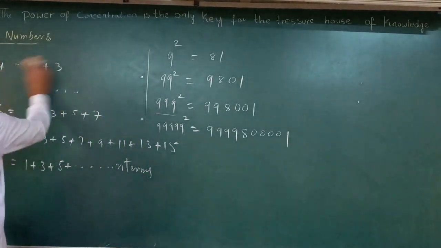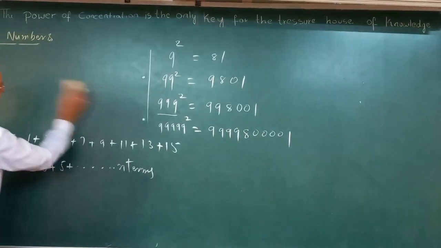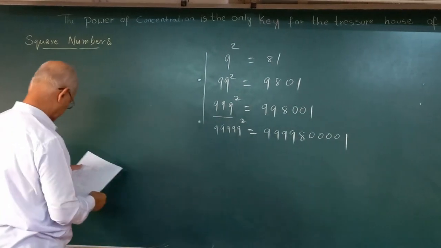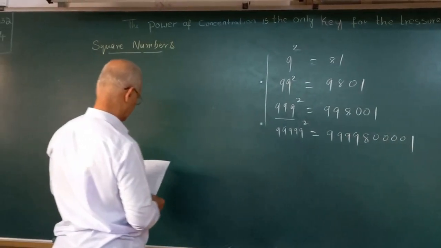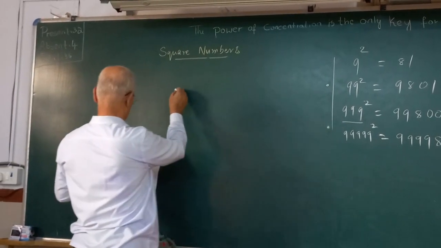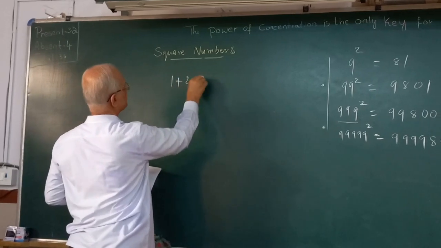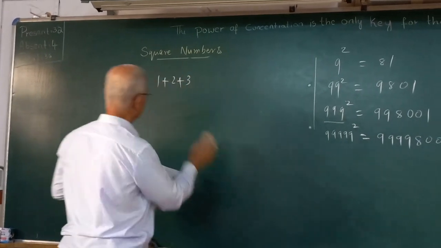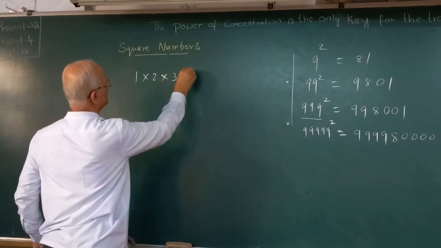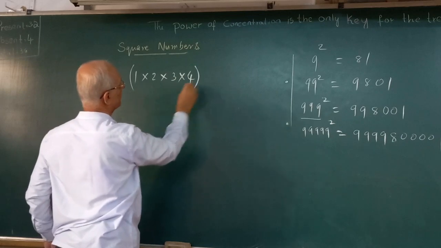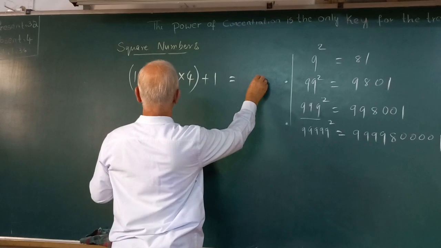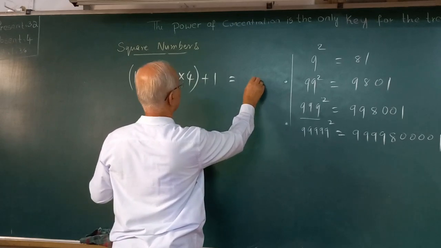Same way, if you look at this, another example of the square number. See, 1 into 2 into 3 into 4, the product of 4 consecutive numbers, plus 1 will be equal to 5 squared, 25.